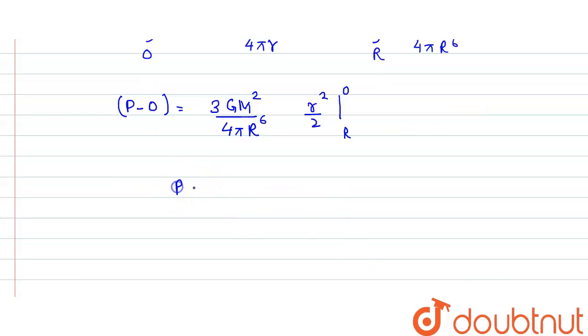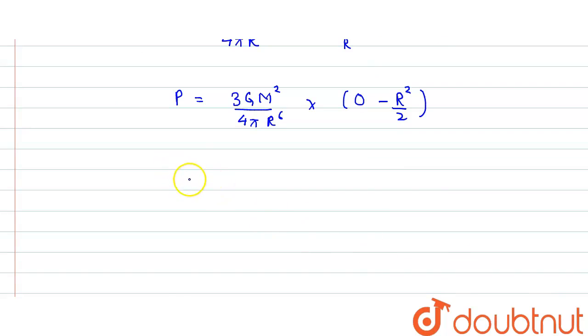So P equals 3GM square divided by 4 pi R to the power 6, and if you put the limits, it is 0 minus R square divided by 2. Finally, the pressure turns out to be minus 3GM square divided by 8 pi R to the power 4, since 4 multiplied by 2 is 8 and the powers cancel.